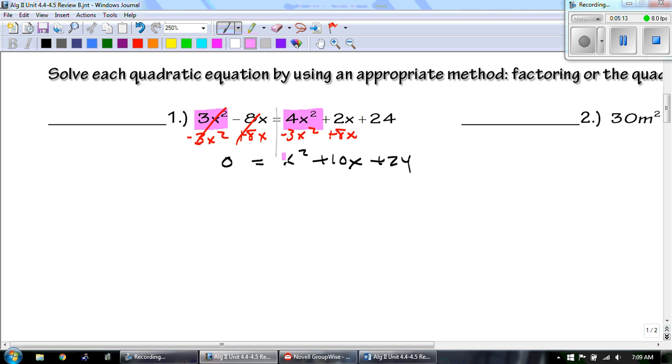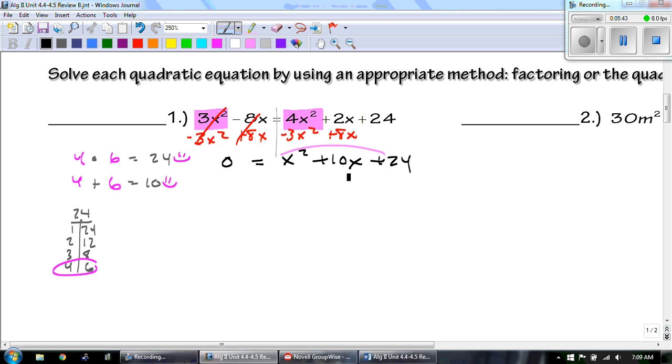Okay, so we should always look at what numbers multiply to get to 24 and add to get to 10. And if you don't know, you should just be writing down 24: 1 and 24, 2 and 12, 3 and 8, 4 and 6. And the combination that works is 4 and 6.